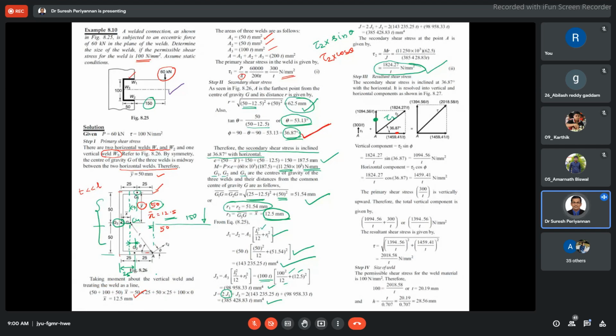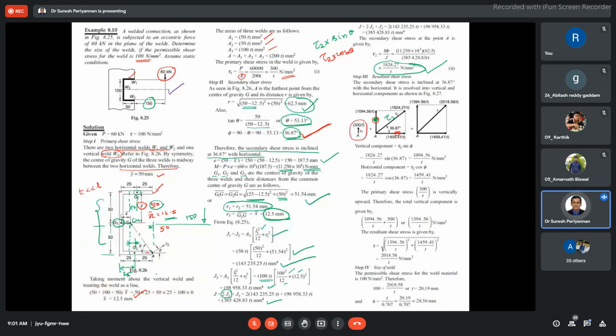Now tau 2 vertical component, and horizontal component with respect to tau 2. Now this is a direct shear: 300 by T is a direct shear here.